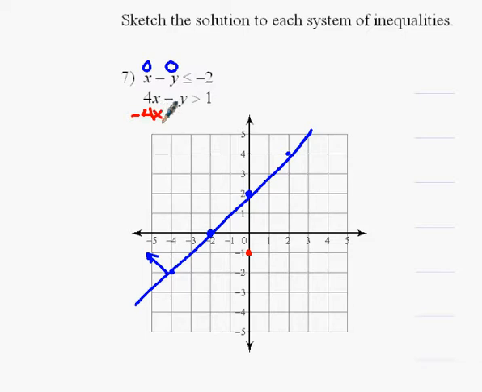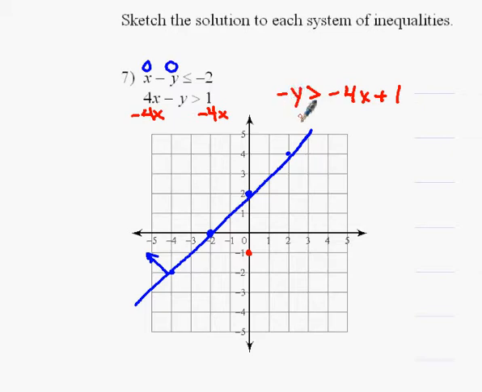I'm going to subtract 4x from each side. This equation then will say negative y is greater than, instead of writing 1 minus 4x, I'm going to write negative 4x plus 1. And then I have to get the negative away from the y. And the simplest way to do that is to multiply or divide everything by negative 1.